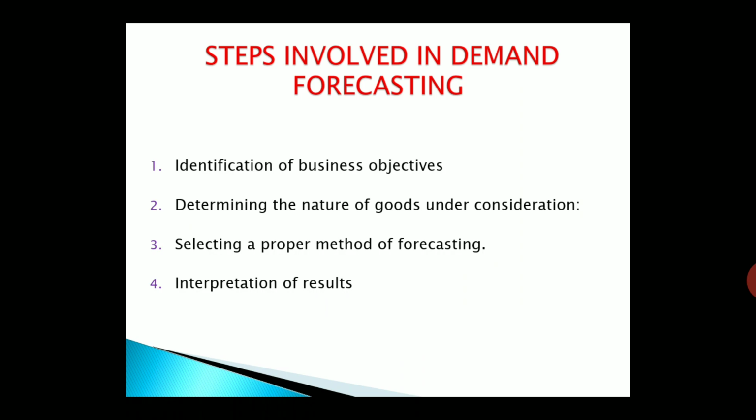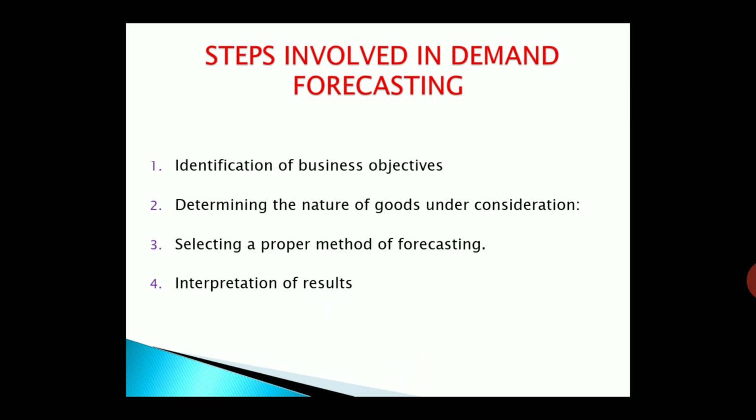The steps involved in this are identification of the objective of the business, and determining the nature of the goods, perishable or non-perishable. Generally in the civil line there are very few non-perishable goods, but for some goods such as glass, you never get them in advance and store them, because they can break easily and it will cost you a lot. So that comes under the nature of goods.